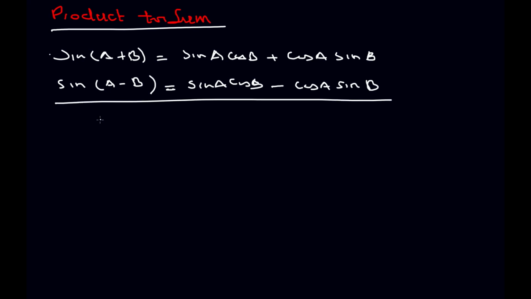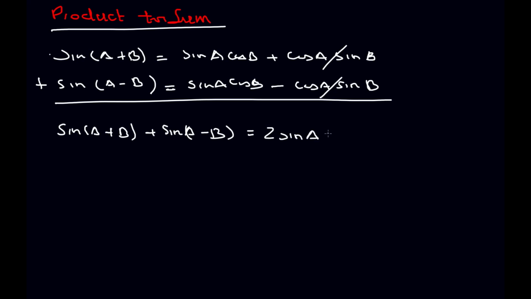We can add these, right? If I add these, these are similar, so these are going to cancel, right? So we'll have sine of A plus B, plus sine of A minus B, like that, is equal to, these are similar, so they'll add, then they'll become 2 sine A cos B, like that.